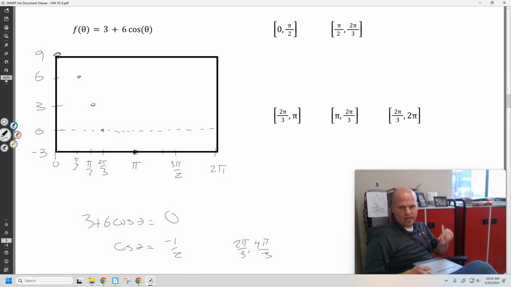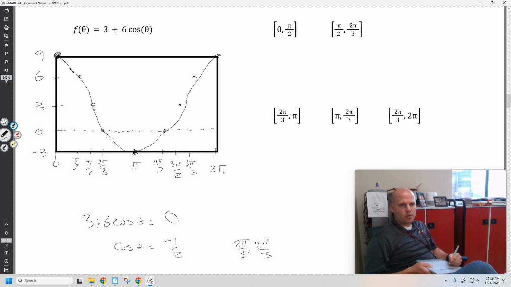No longer are we looking at just going up or down. From 0 to pi over 2, we have positive radiuses, 9, 8, 7, 6, 5, 4, 3. So they're decreasing, getting closer to 0.